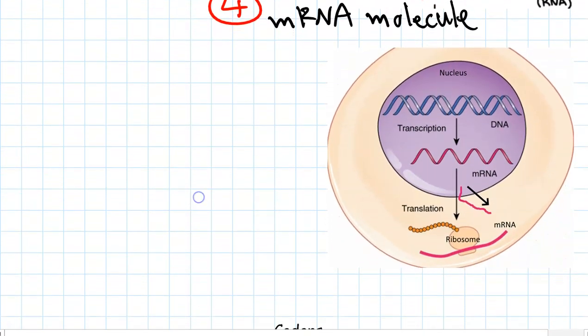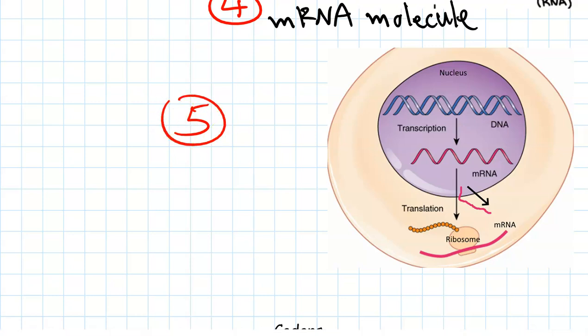So here we are zooming out. Here's the whole cell. We've done transcription. We've got our mRNA, and the mRNA has to pass through the nuclear membrane of the cell, out of the nucleus, and into the cytoplasm.